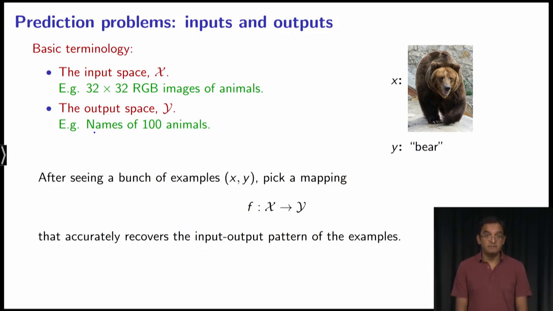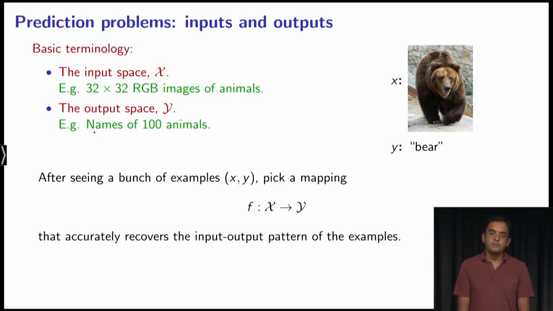The learning machine takes this training set and uses it to pick a mapping from X to Y, a function that takes the image of an animal and returns the name of the animal, or it returns the name that it believes to be correct. Typically, the way a learning algorithm works is by looking for a function, a mapping, that does well on the training set.